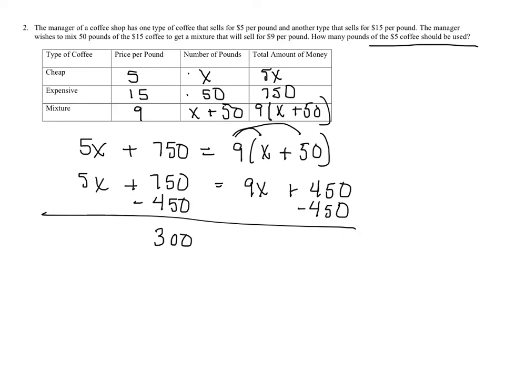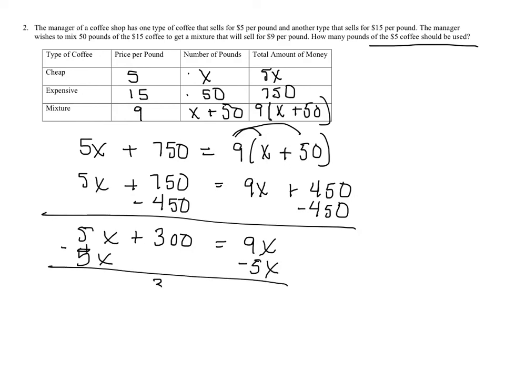And then I'm also going to move the 5x over to the other side. So here we go. So 300 is equal to 4x. I'm going to divide by 4. So x is equal to 75 pounds.